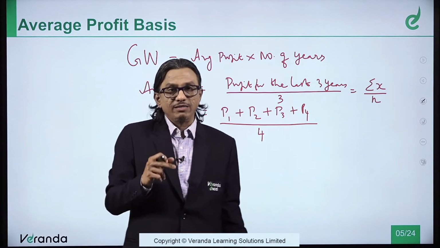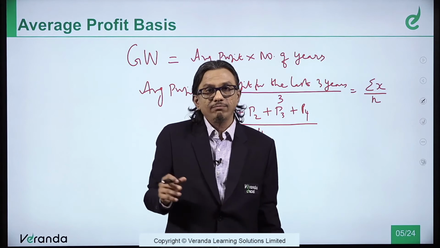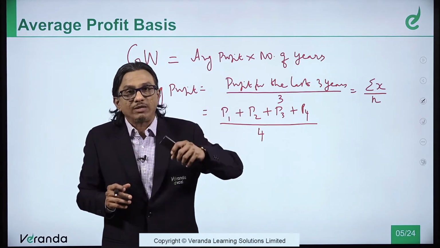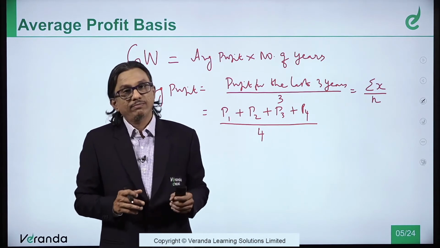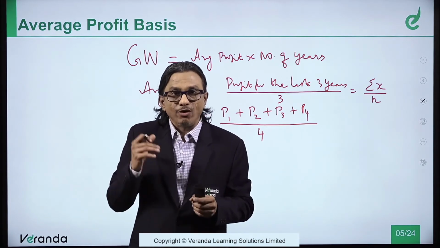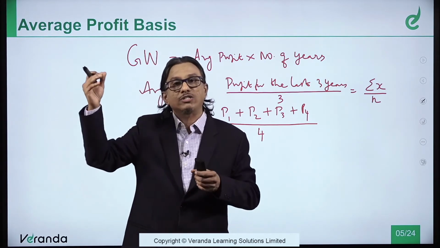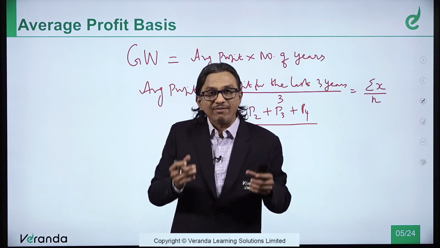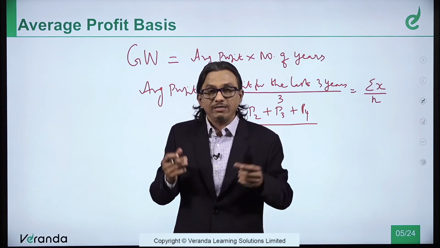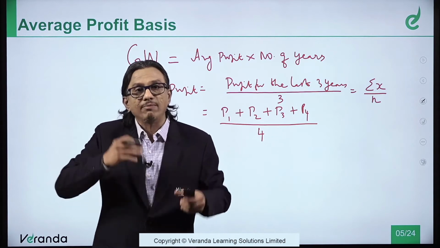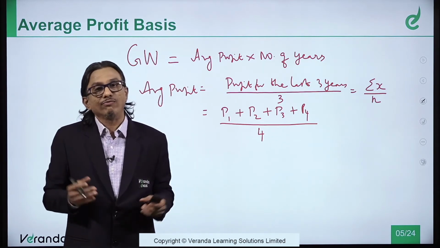Number of years is the future expectation. This is the profit the firm has made on an average over the last 3-4 years. I am expecting the firm to make the same profit in the next 3 years. I multiply by 3, I get the value of goodwill.